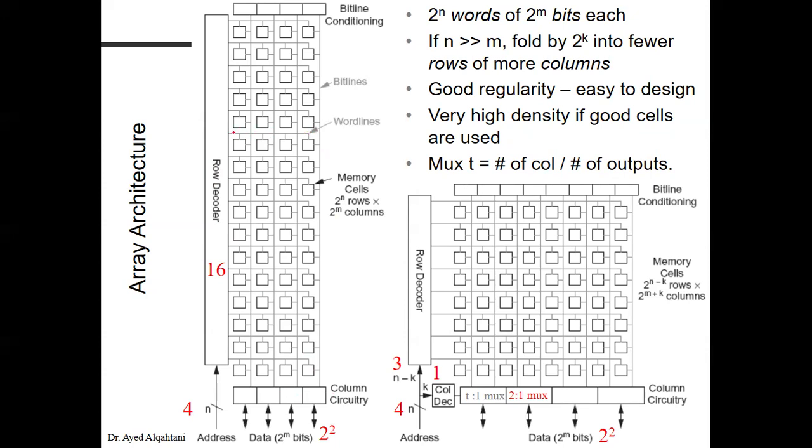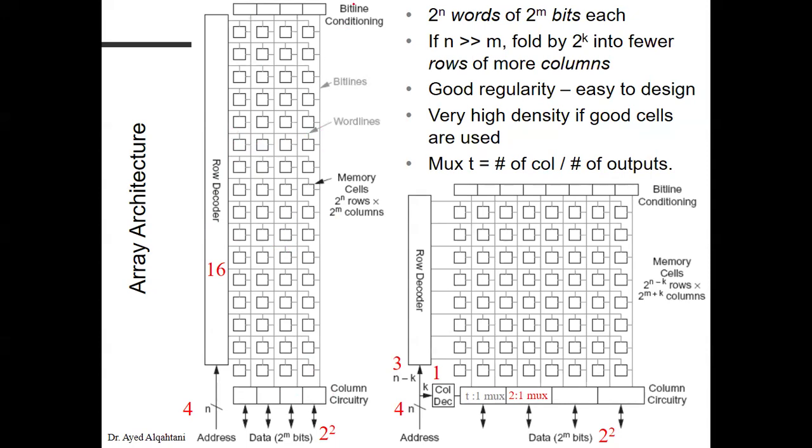This word line will be 1 if you choose a certain word. So if we choose this one, we will have 1 all over this, and we have 1 for those 4 cells. Now you can pinpoint one of the cells by choosing its column.